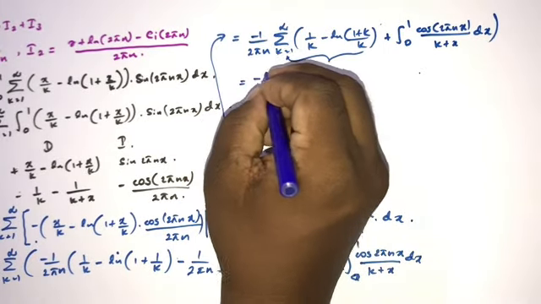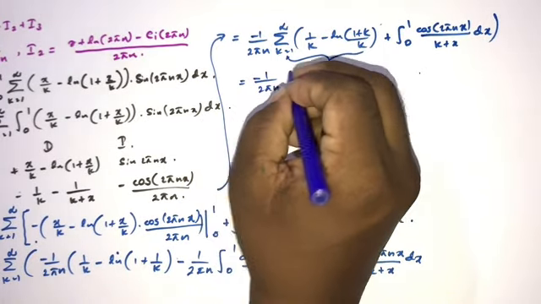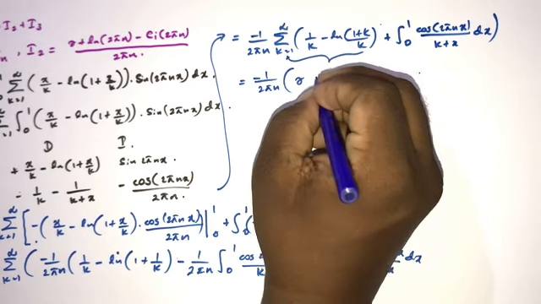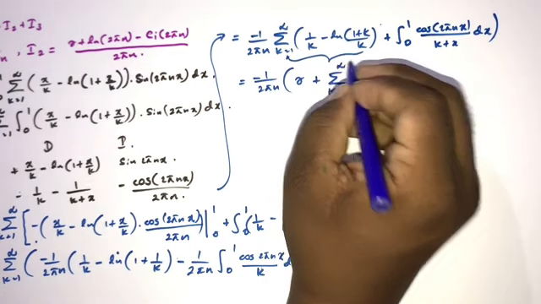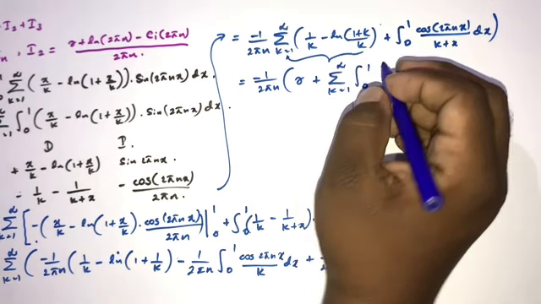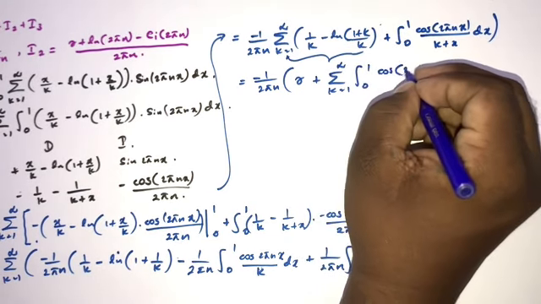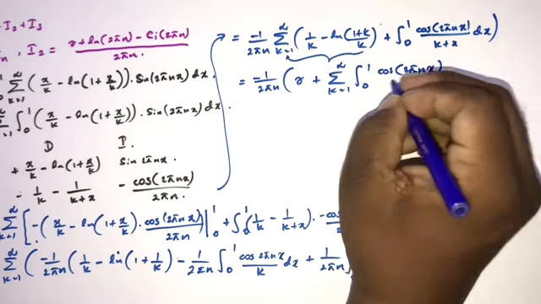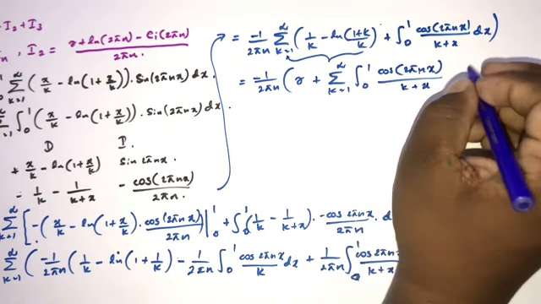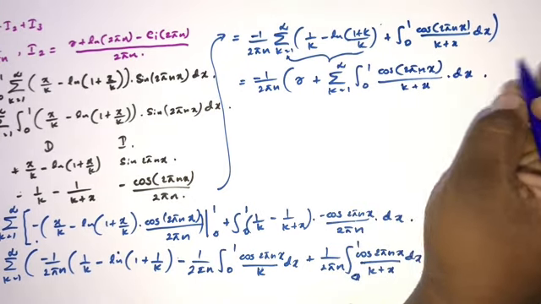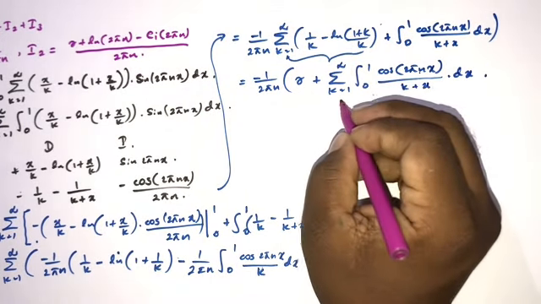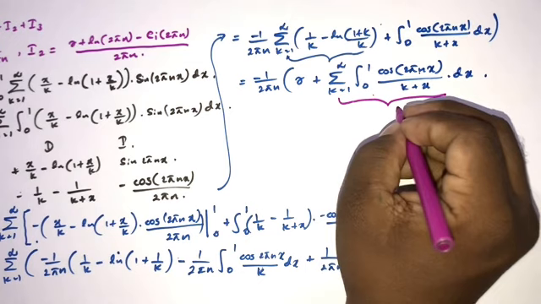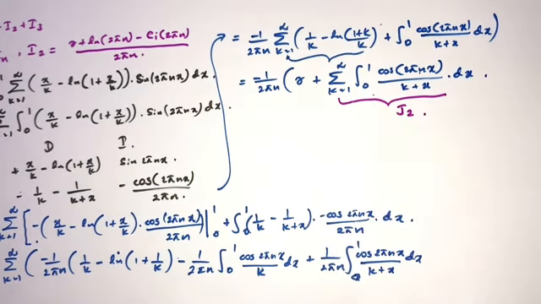So here we have minus 1 over 2 pi n gamma plus the sum from k equals 1 to infinity of the integral from 0 to 1 of cosine of 2 pi nx over k plus x dx. Okay, now I am going to take this integral, this part is equal to j2.